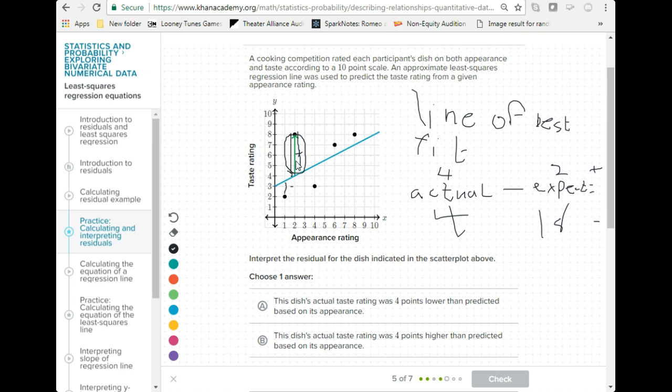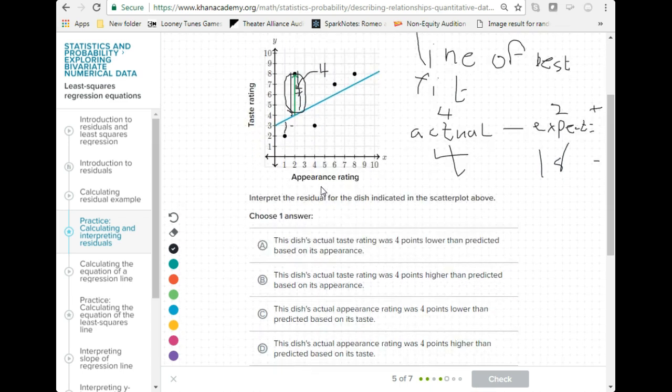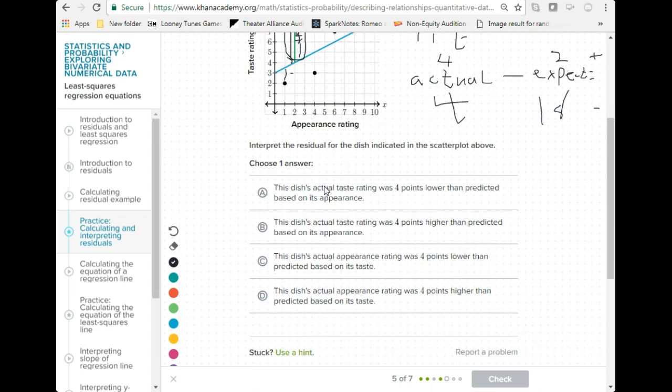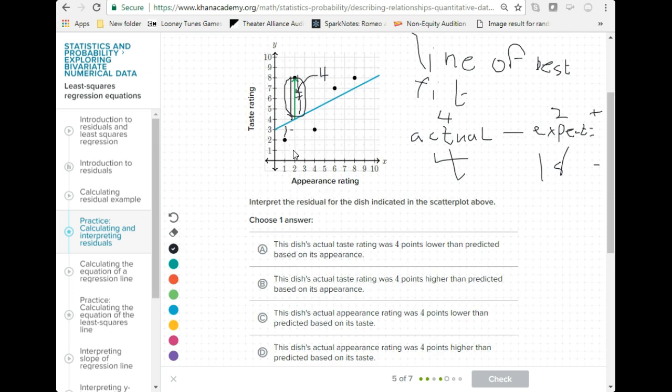We've already figured out it's positive 4, so we need to figure out which option actually represents the residual. This dish's actual taste rating was 4 points lower than the predicted based on its appearance. You can clearly see that this is above, so it can't be 4 points lower. So we can cross that out.